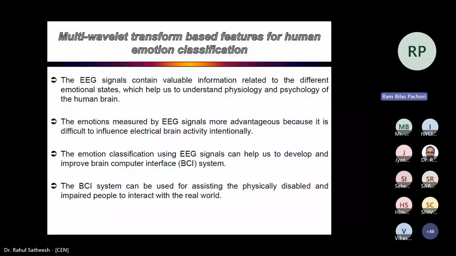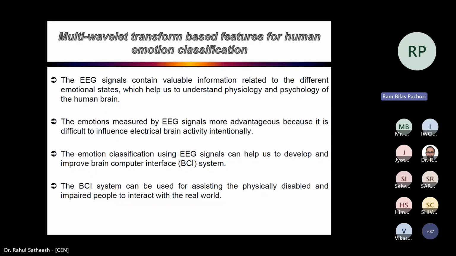So the effect of the treatment also can be studied for different subjects using these EEG signals. That's very useful, and emotion detection is one of the important parts of BCI, where you can interact with people who have disability.